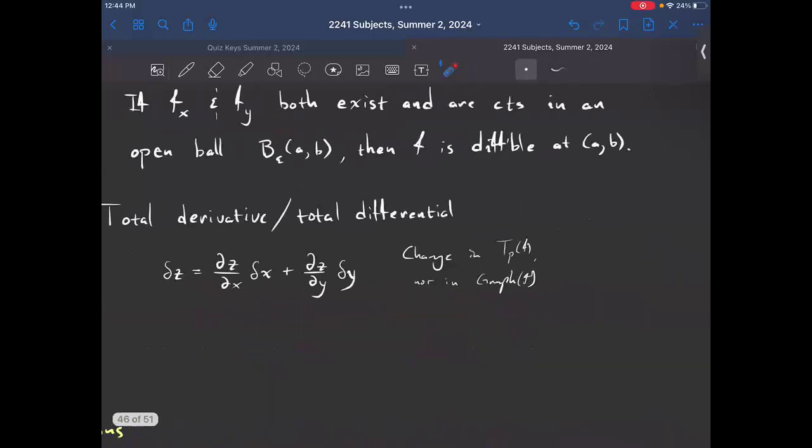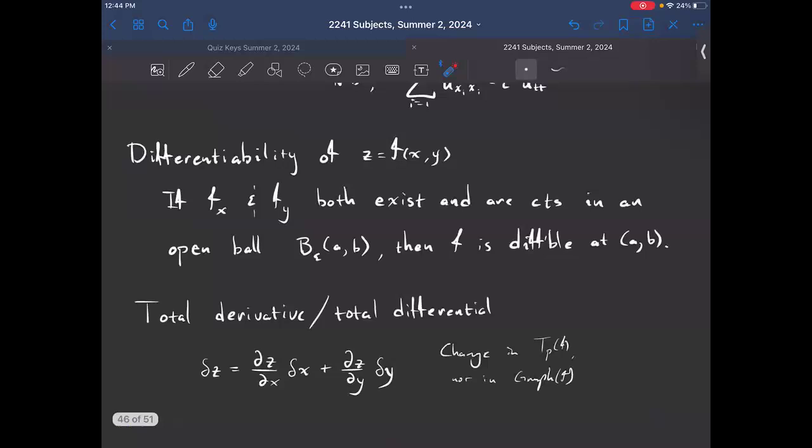And then we have this theorem on differentiability that makes things a little bit easier for us to understand. A function f is differentiable if both the x and y partial derivatives exist and are continuous in an open ball. Remember, just some fattening around a and b of size epsilon maybe. So if these both exist and are continuous in this open ball, then f is differentiable.